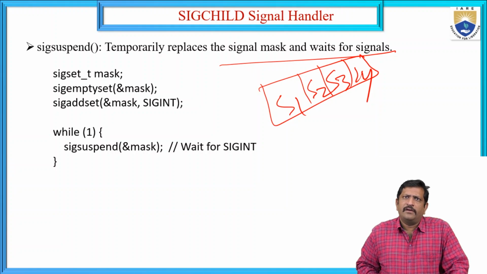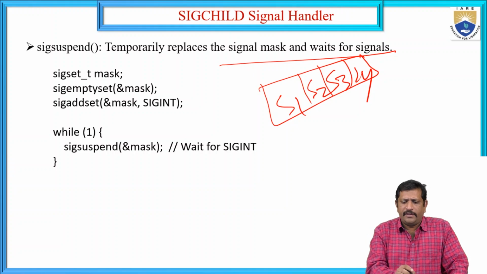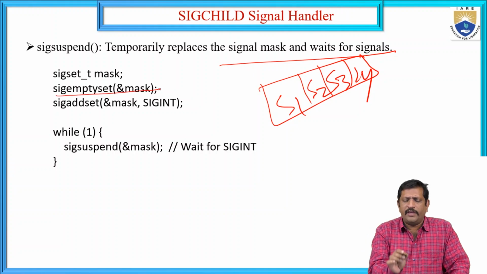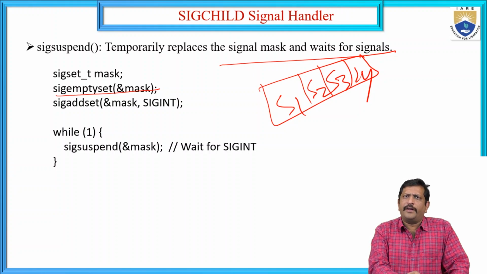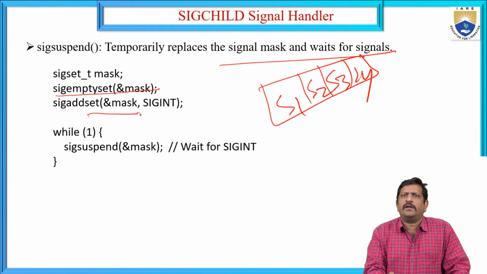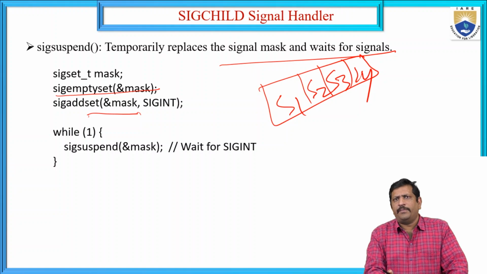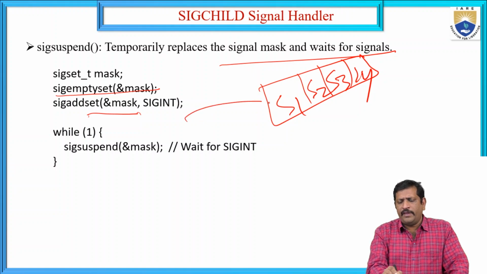sigset_t mask. In the code, the signal set is emptied, then sent to the mask to wait for other signals. sigsuspend(&mask) refers to the address of the particular signal from the queue.